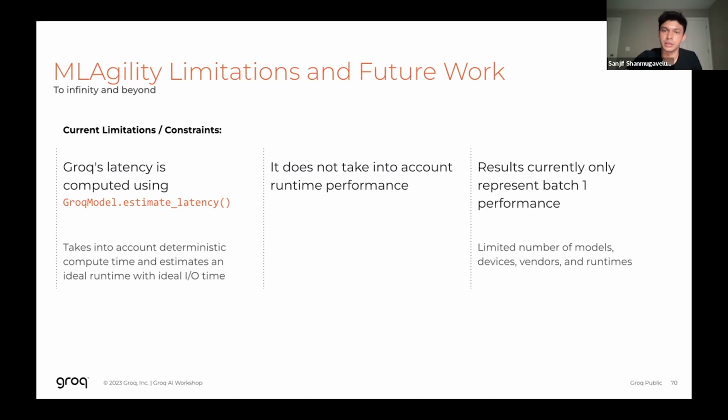Other limitations: we only benchmark on batch 1. That's really where Grok shines. We work on real-time batch 1 inference, but of course not all workloads are batch 1, and that's something we want to add to MLAgility as well. What else do we have? On the bottom right side, we have a limited number of models, devices, vendors, and also runtimes.